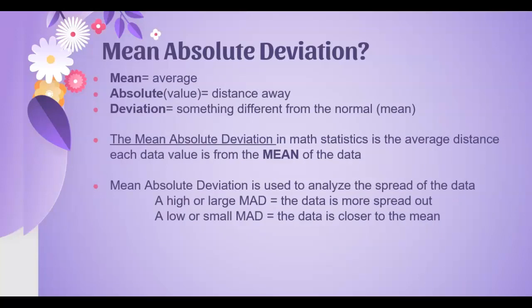So, again, just a little review. The mean absolute deviation, in math statistics, is the average distance each data value is from the mean of the data.